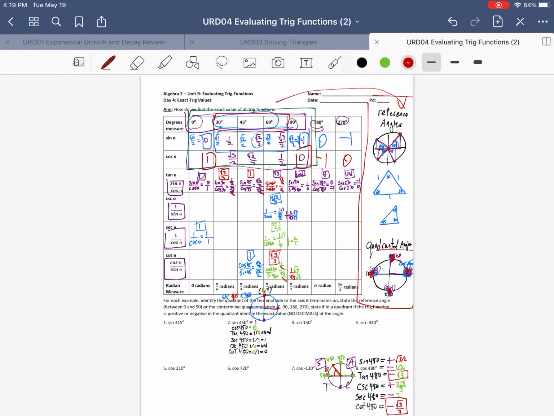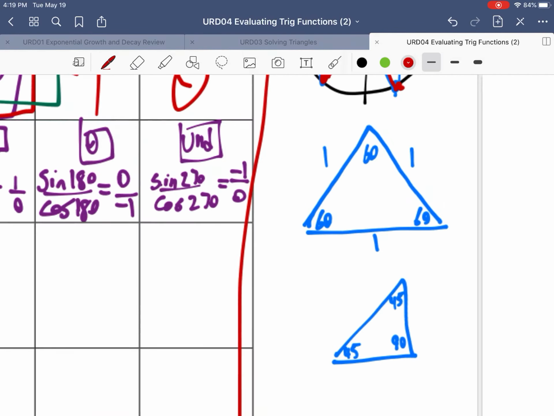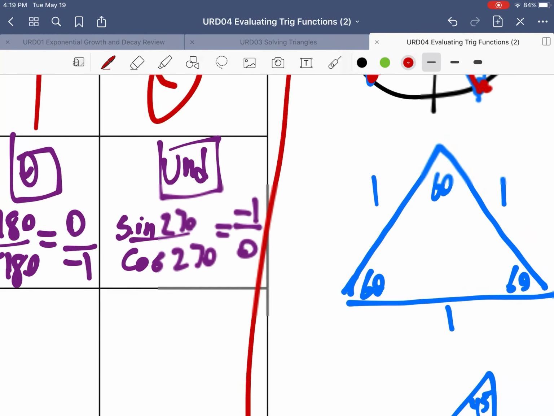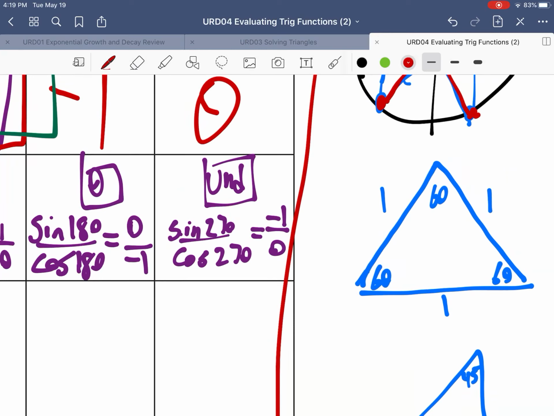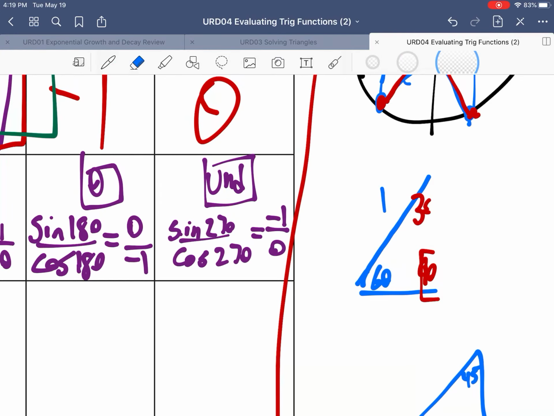I'm going to leave out the explanation for the reference angles for now, but actually I'll do it now. So really quickly, where these numbers come from is if we take this equilateral triangle here that I've drawn with a 1 as all of its sides, I'm actually going to split it in half, and we're going to turn this into a 30, 60, 90 right triangle.